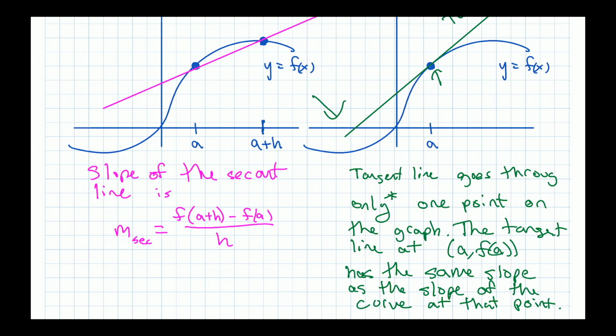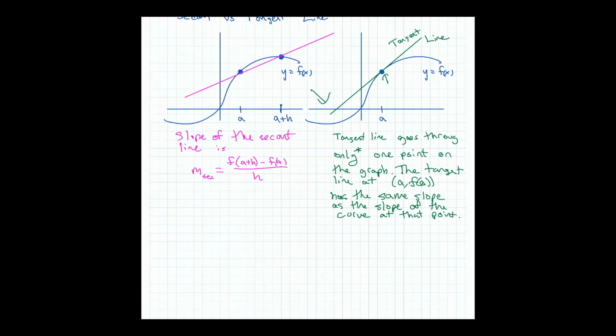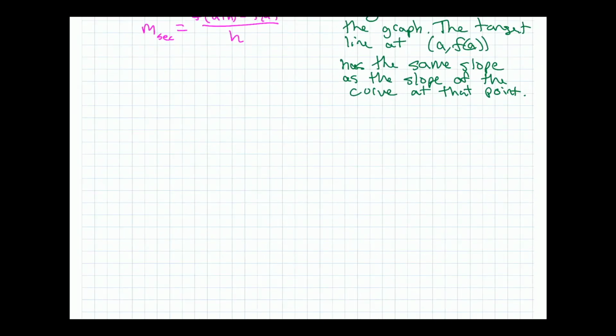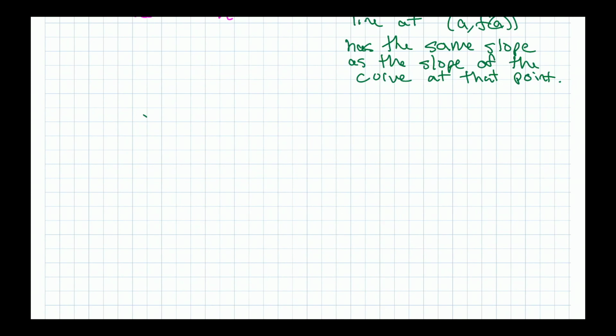Now, where do we get one? How do we produce this slope? Because I wrote a formula for the secant line, but I didn't write a formula for the tangent line yet. And so the idea is this. If I draw a couple of pictures here, I'm gonna erase that, draw a curve.